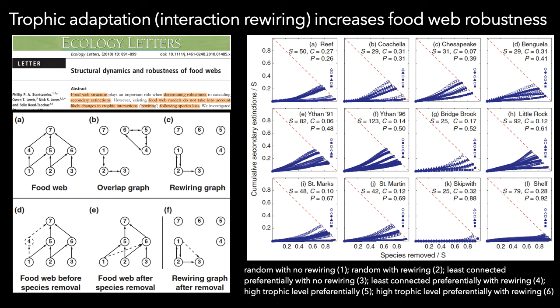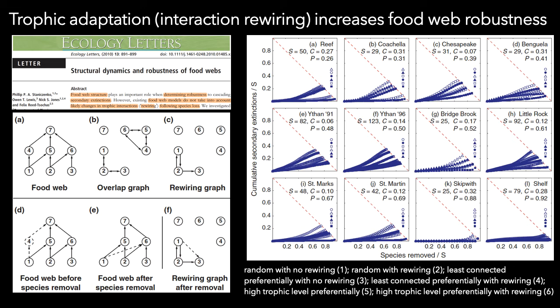But this is not always the case, because predators may also change their behavior and adapt and start feeding on other prey before the population declines completely.